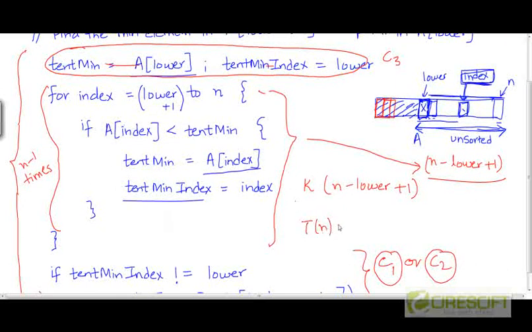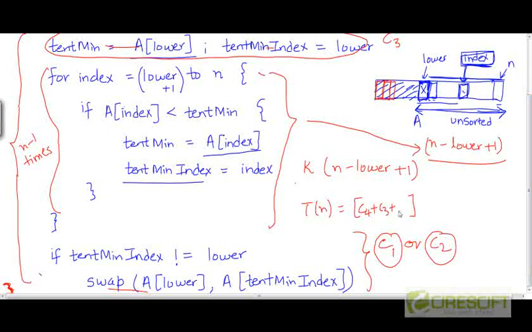So I can say that T of n will be C4 plus C3 plus, you can say, C1 or C2 depending on which constant you want to choose, but some constant multiplied by n minus 1 plus the summation of k times n minus lower plus 1, where lower varies from 1 to n minus 1.